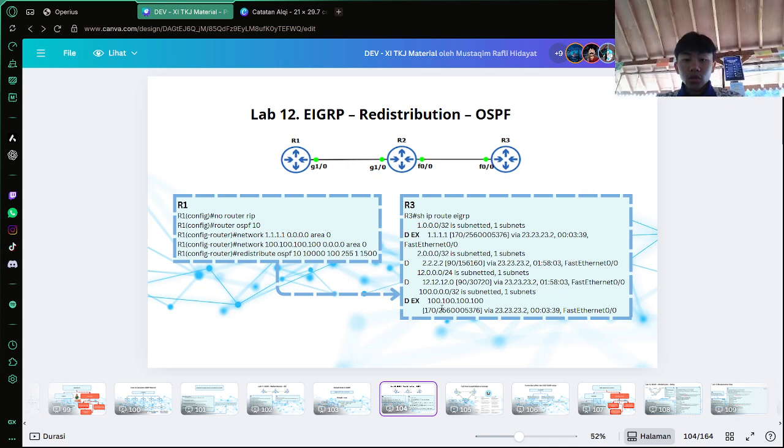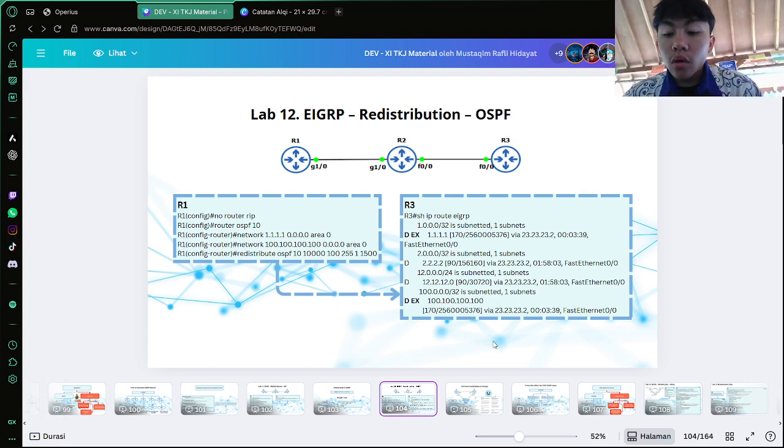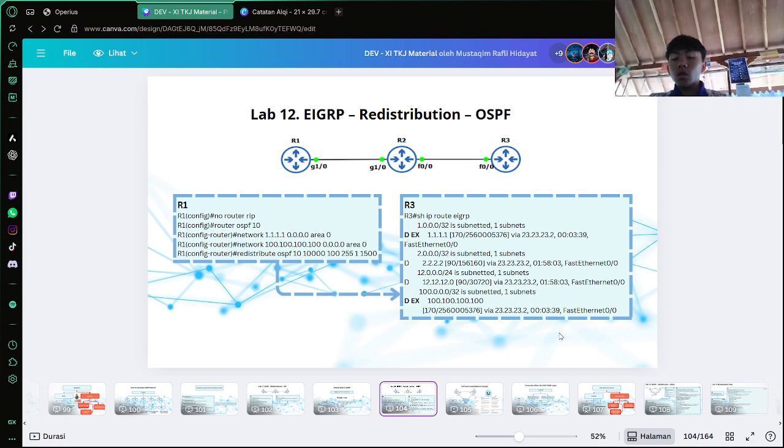The key networks are R1's management IP address 1.1.1.1 with prefix /32, and a 100 prefix /32 network, and R3 handles multiple subnets, including 1000 prefix /32 and 2000 prefix /32, and others.